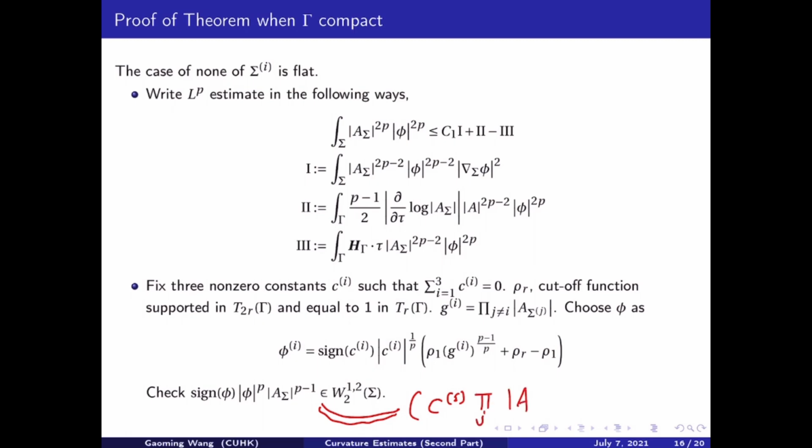So this function is in W^{2,1,2}(sigma). On the other hand, if p is in T_R(gamma) but p is not in T_{2R}(gamma), then we only have this term left. So phi_i is a fixed constant in this region. This part is like the Euclidean test function in the minimal surface case.